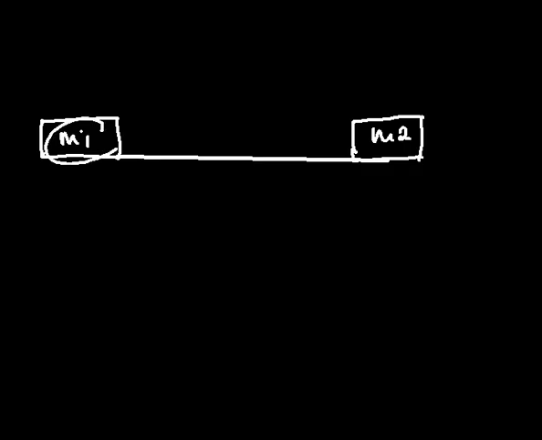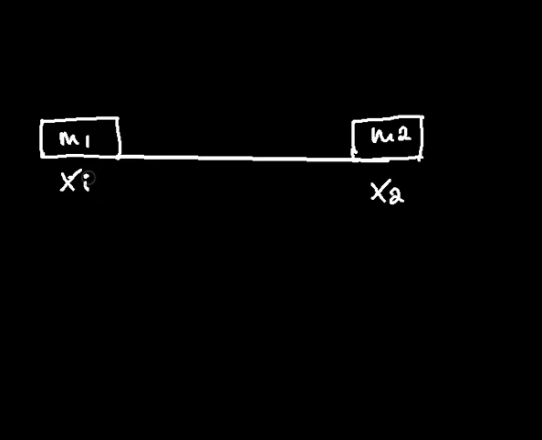And now if we consider that the object of mass 1 is at position 1, or x1, which means this is the position of the object of mass 1. Then the object of mass 2 is at position 2.